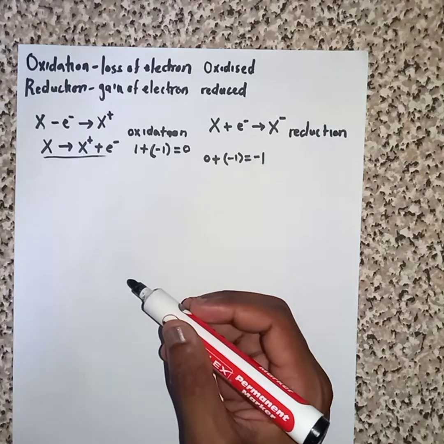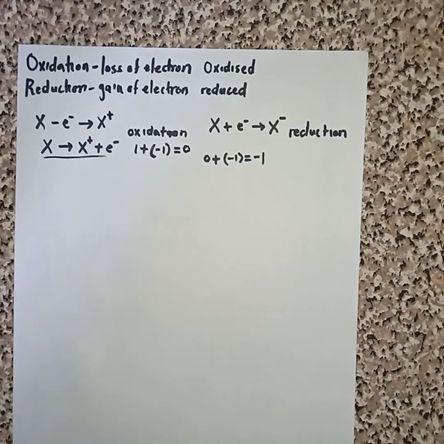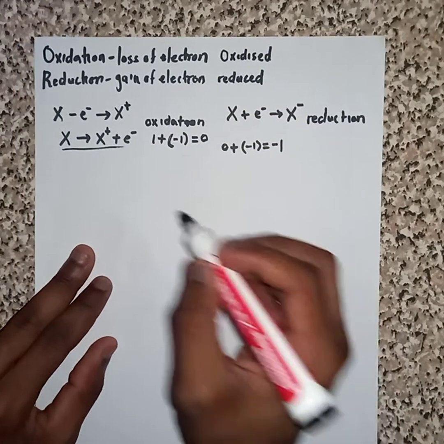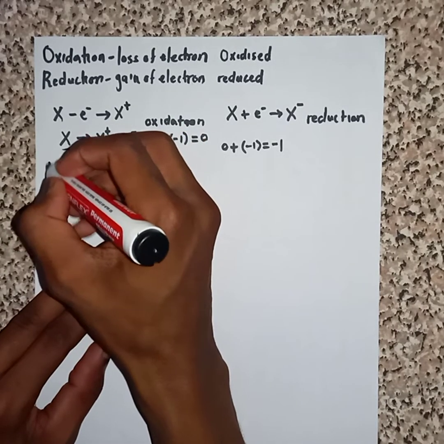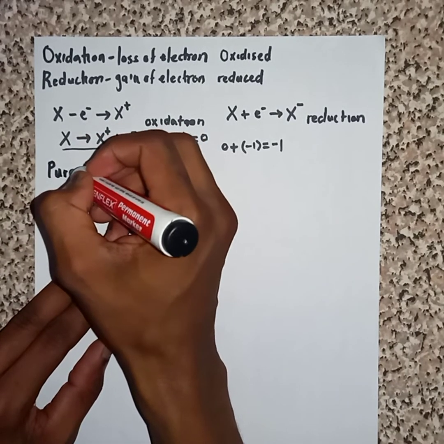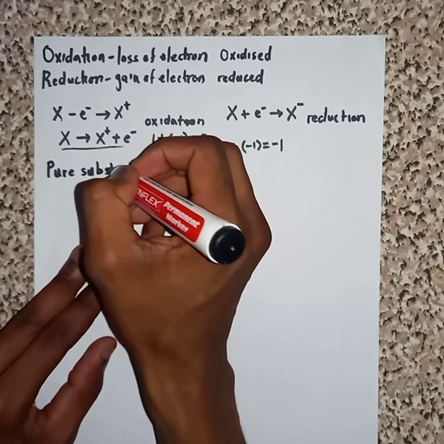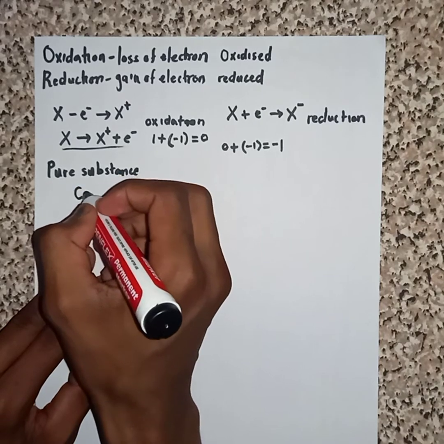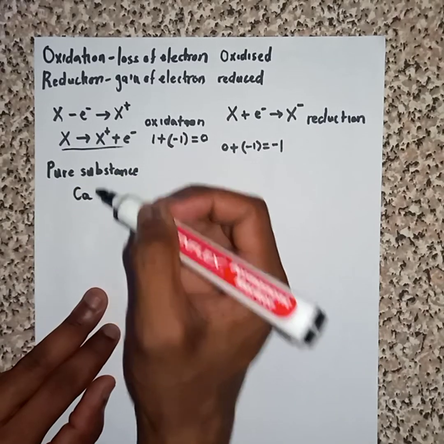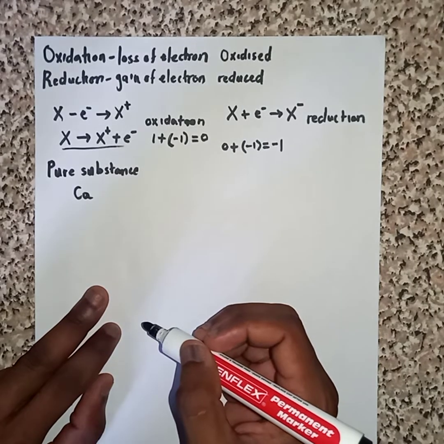Now we are going to move to the oxidation numbers. If I have a pure substance, let's say pure substance Ca, how do I find the oxidation number of a pure substance?